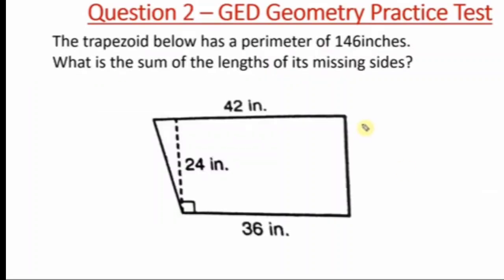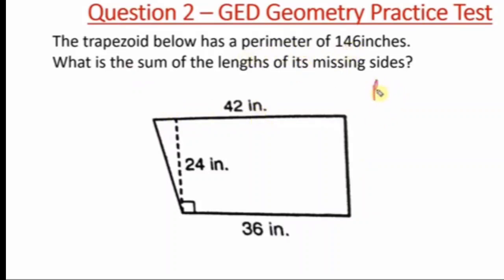Question 2 of the GED geometry practice test says the trapezoid below has a perimeter of this. What is the sum of the length of its missing sides? When we talk about perimeter, it's all about the summation of all sides of any shape, whichever shape it is. So the perimeter of this is this.